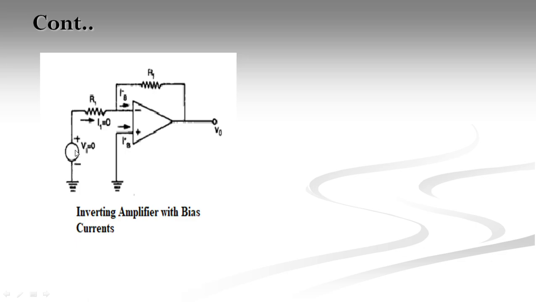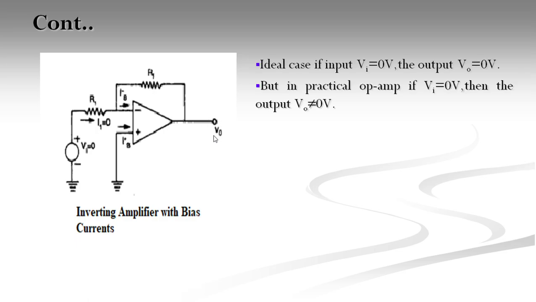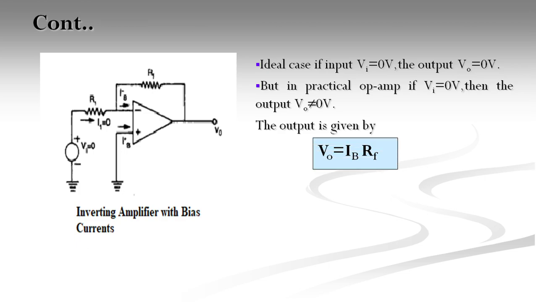And if we see here, the input we applied is 0, but due to the presence of this IB current, that is these two base currents, we are going to get some amount of error voltage at the output. In the ideal case we know that if my Vi is 0, my V0 has to be 0, but the diagram shows that for the practical operational amplifier, if Vi is equal to 0, then V0 is not equal to 0.